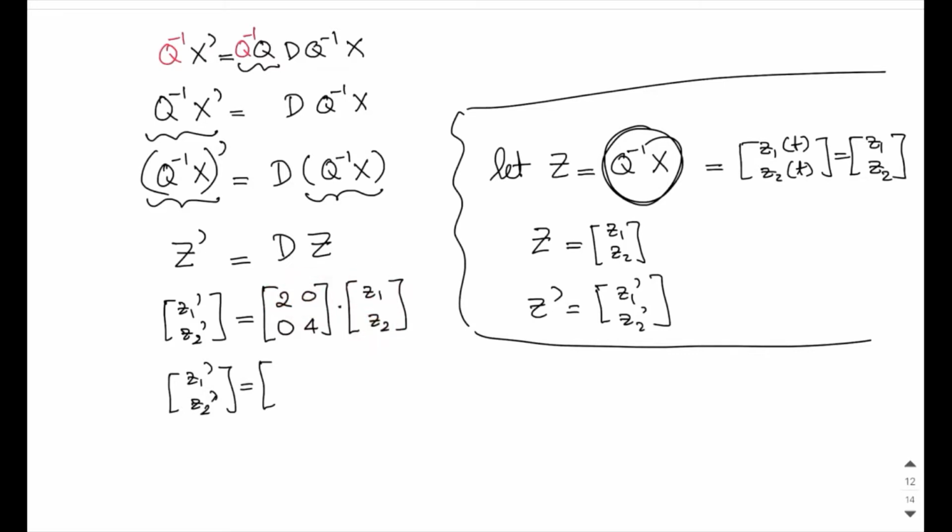So the first entry will be only 2Z1. Similarly, the second entry will be only 4Z2. And so this is equivalent with solving the system of two very simple differential equations: Z1 prime equals 2Z1 and Z2 prime equals 4Z2.